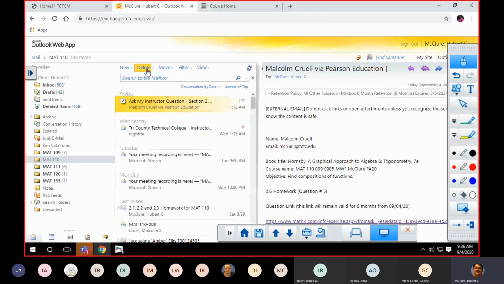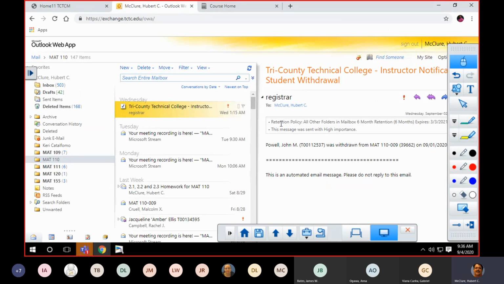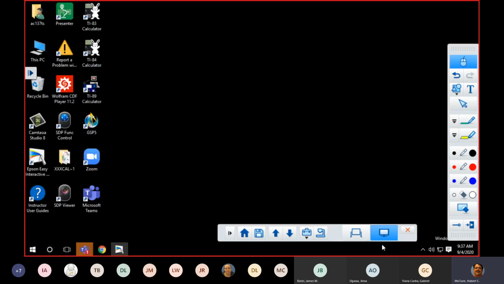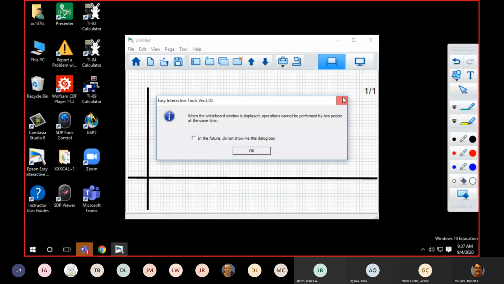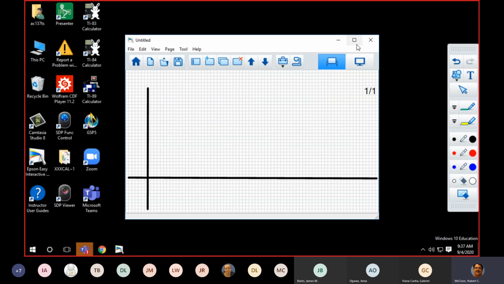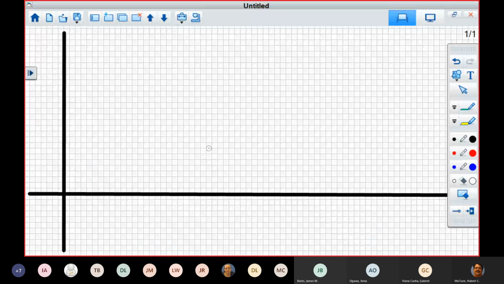Okay, that's it. That's the questions for today. So let's go over the last part of whatever section we're on. I can't remember if it's 2.4 or 2.6, and that is composition of functions and things like that. I already got my handy dandy whiteboard fixed, and we're going to be working with the first quadrant.